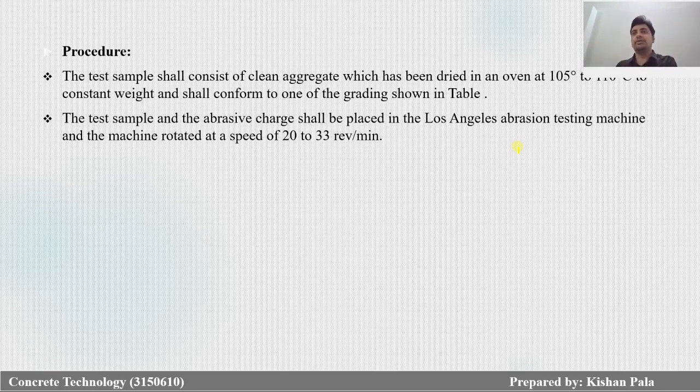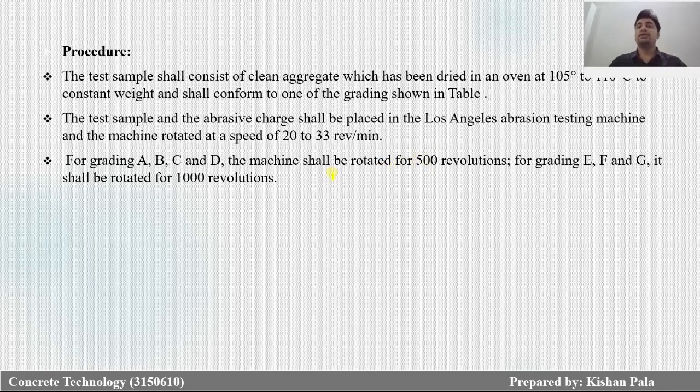Now we have to prepare our setup and add the aggregate with the spherical balls in the Los Angeles machine, and the machine rotates at a speed of 20 to 33 revolutions per minute. It means it will rotate about its longitudinal axis 20 to 33 rotations in a minute. Clear? And next one is for grading.